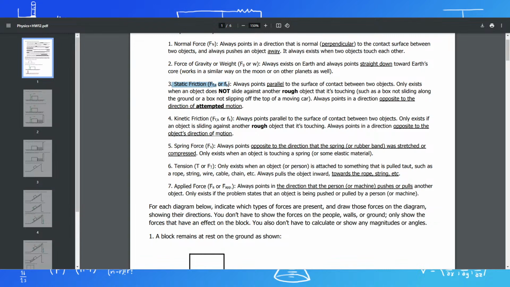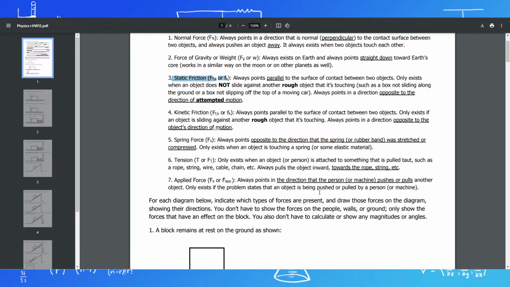That's what makes it an applied force. It's that we are intentionally applying it to cause an object to move in a certain way. But otherwise, applied force isn't real. It's always some other type of force.